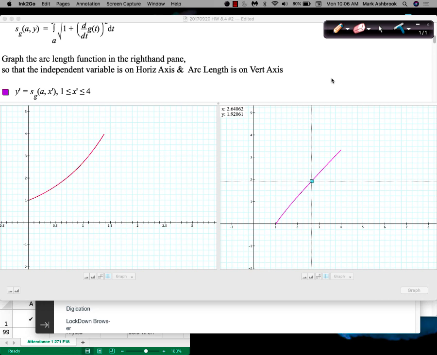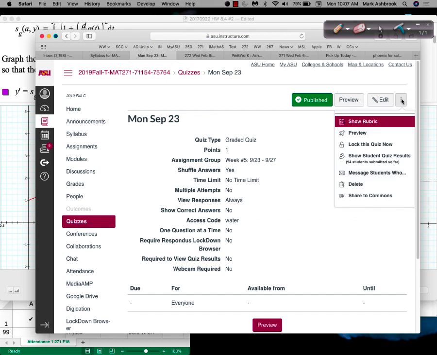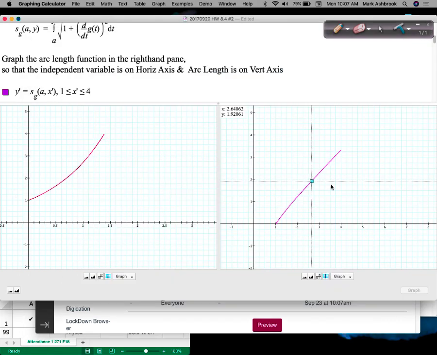I'm making these as easy as I can, so don't doubt yourself. Everyone done? About to lock. Okay, locking it.